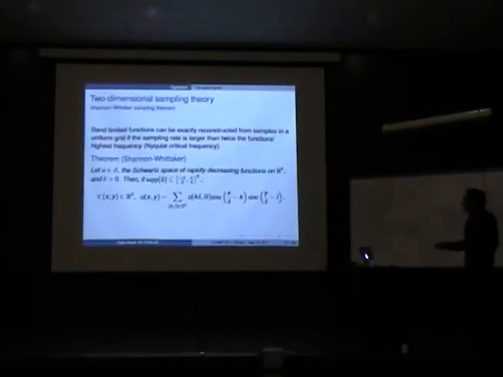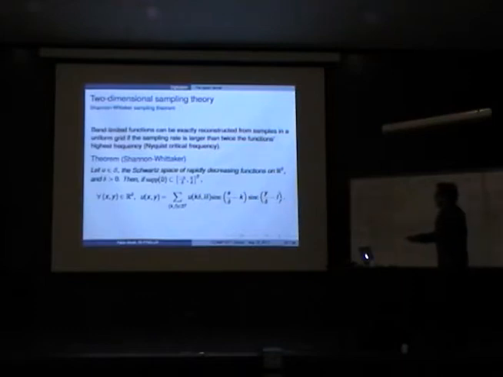The same holds for 2D. It's these separable bases of sinc functions, these sinc interpolators. And this is true if, so U hat here is the Fourier transform of U. And we assume that U has fast decay. This is just to make the mathematics work.